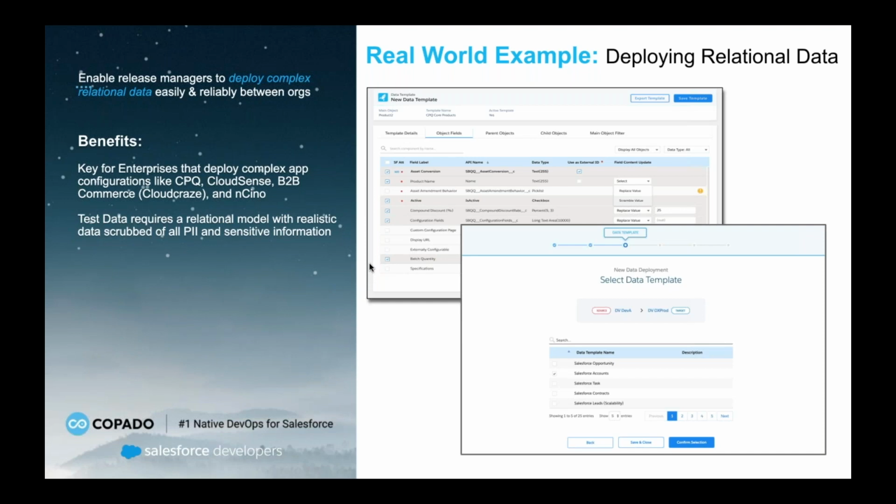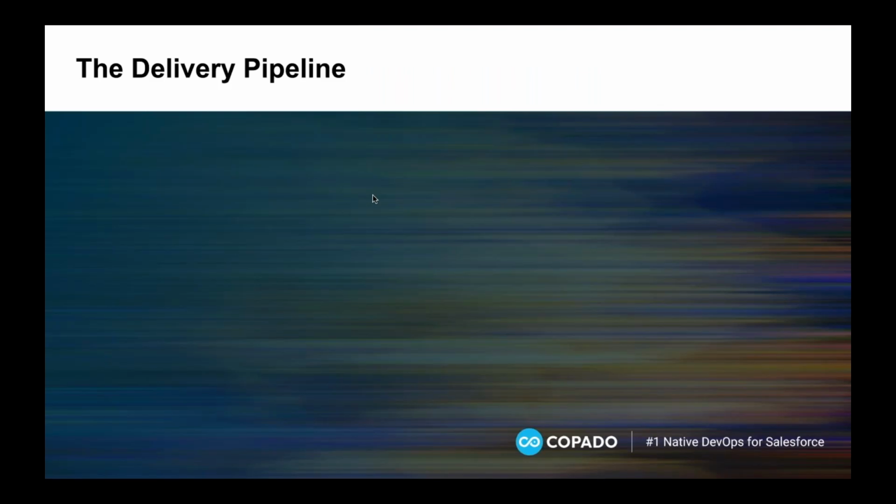You can't build a change set and so forth to migrate data as such. And it's very complicated to deal with complex relational data. So that's something that we're also rolling out at Dreamforce this year, is the ability to build these complex relational data templates that might have unusually complicated dependencies across them, but then very easily and declaratively build those sets of data and migrate those either on a one-time or ongoing basis between different environments.